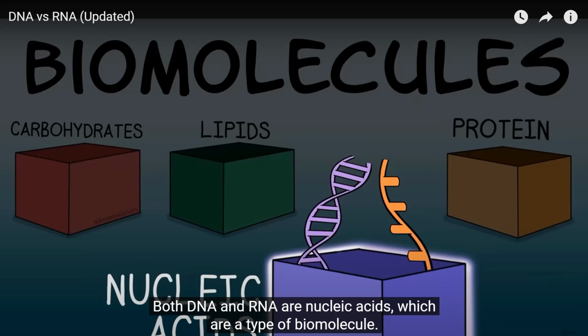And nucleic acids are polymers. What are the monomers that make up nucleic acids? Phosphates are a part of that. Nucleotides. So nucleic acids are made of nucleotides. So DNA is made of nucleotides. RNA is made of nucleotides.